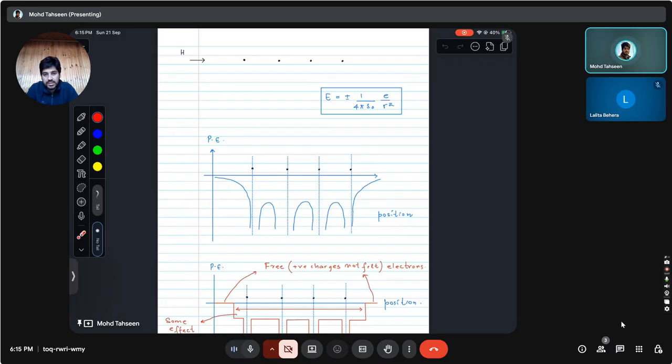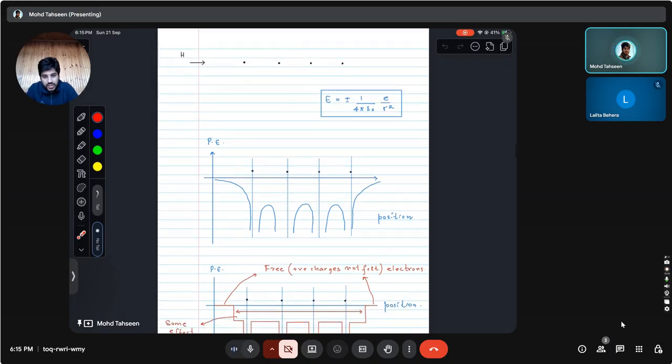The real situation inside a conductor or inside a sample is more complicated, and there are actually these ions. If an electron is very close to an ion, then it would feel greater attraction as compared to if it's at any other location, okay?